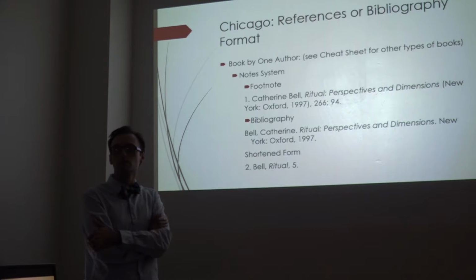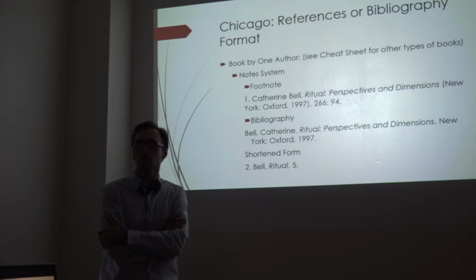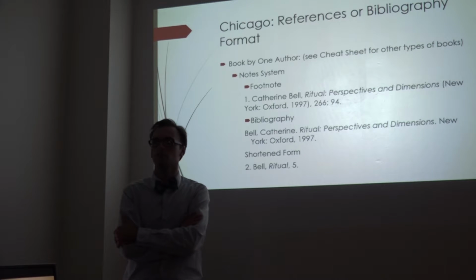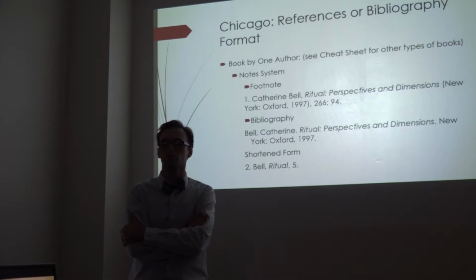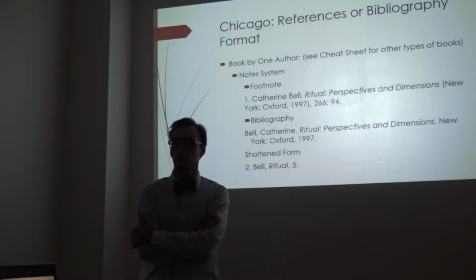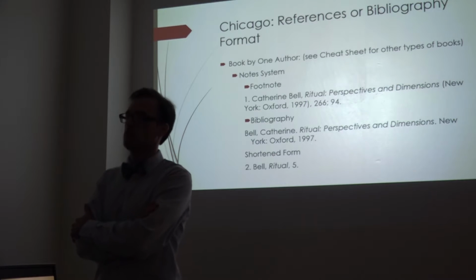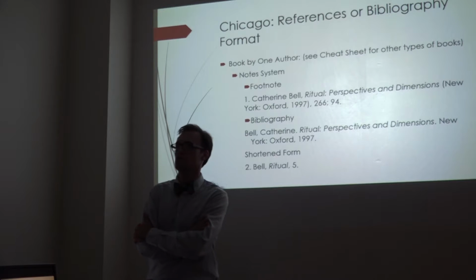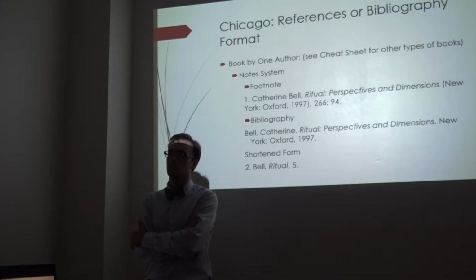But when you put it in the bibliography, it's very different. That's because the bibliography is a list of all the books that you utilized, or even those books that you didn't use in your actual text, because you don't need a bibliography to find those books.